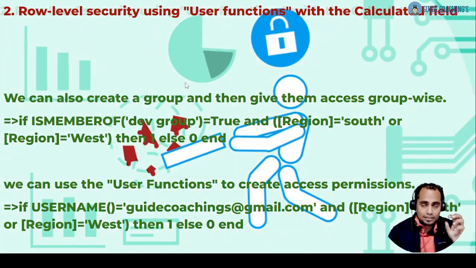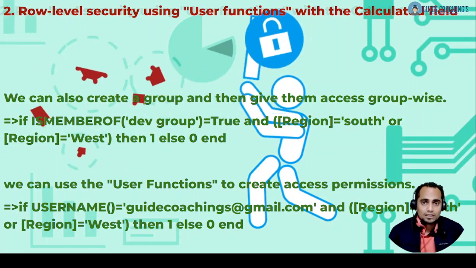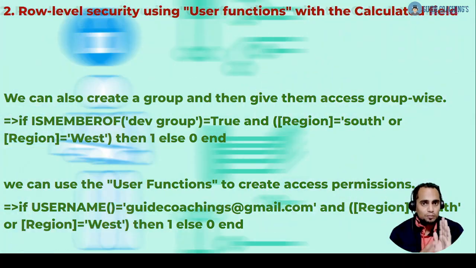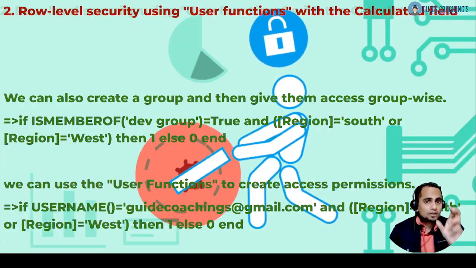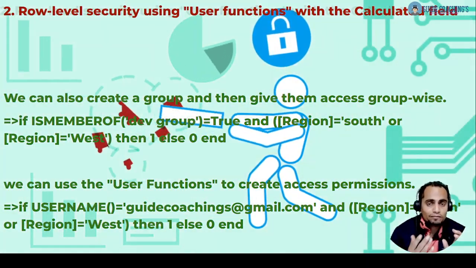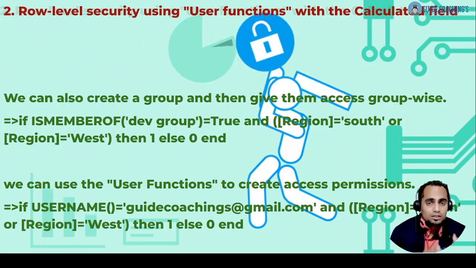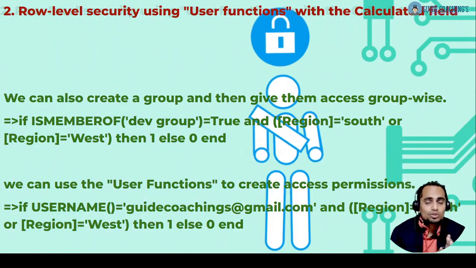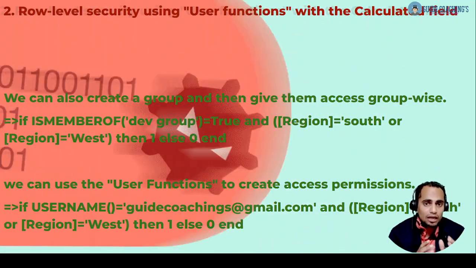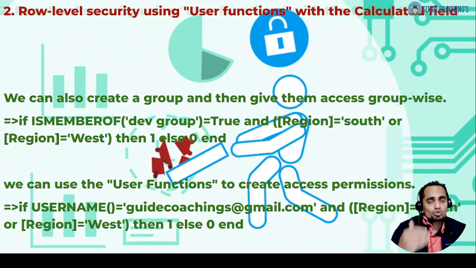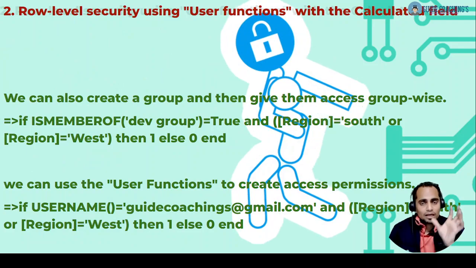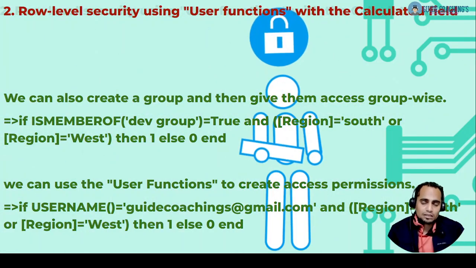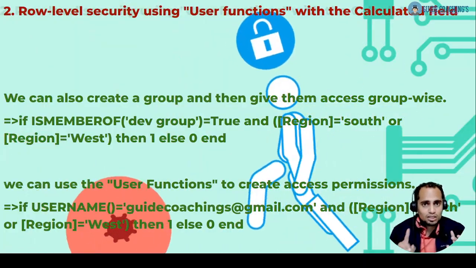There we will add members to that particular group and then provide the access to that group. If tomorrow I want to add some more persons to that group, I can do that easily and they will have the same access. And if I want to remove someone, I can remove entries from the group, and the rest of the people staying in the group will have the same access.